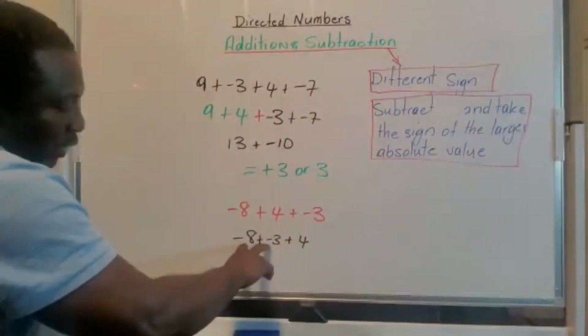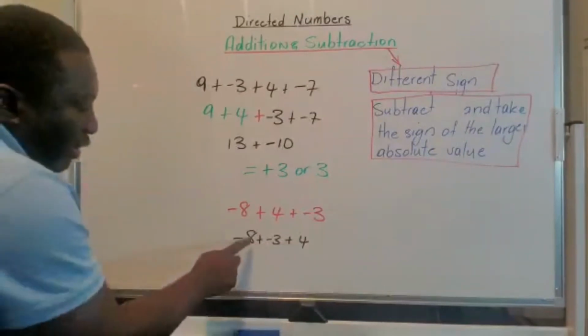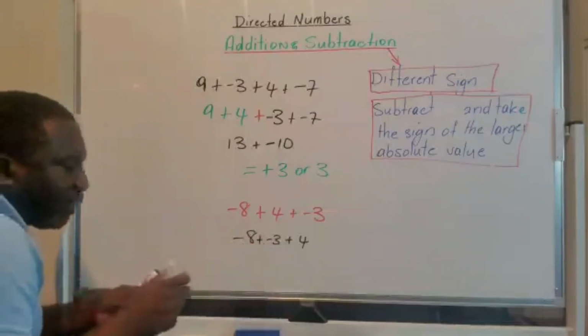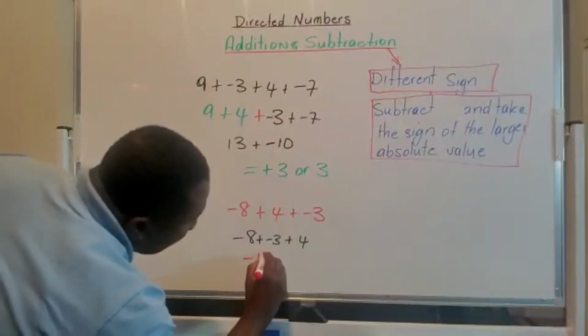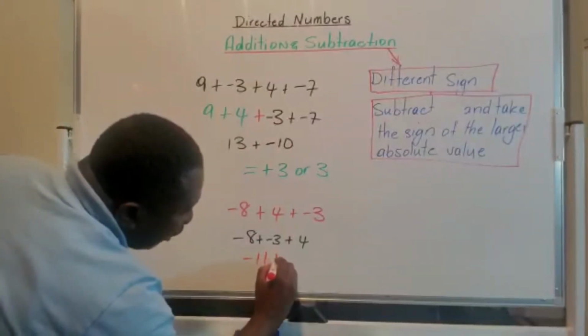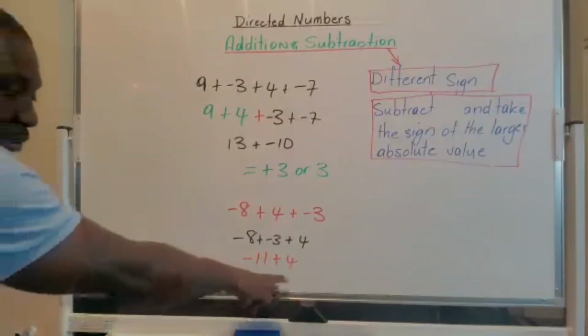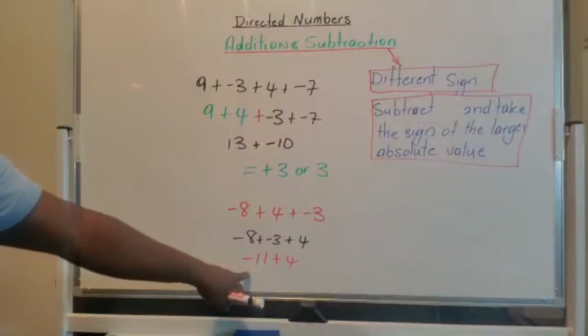We are adding two like signs. All we need to do, add and take the sign. Negative 8 plus negative 3 will result in negative 11 plus 4. The rule tells us that I must do subtraction and keep the sign of the larger absolute value.